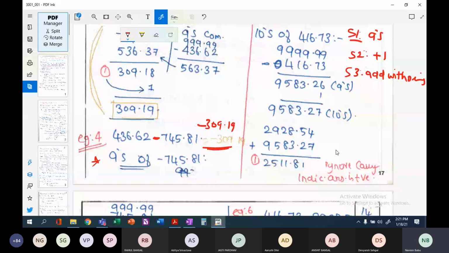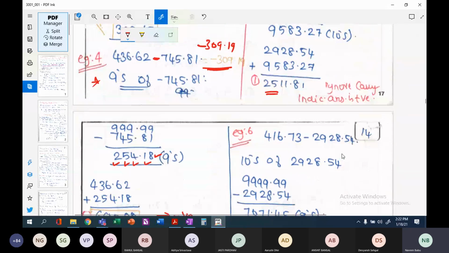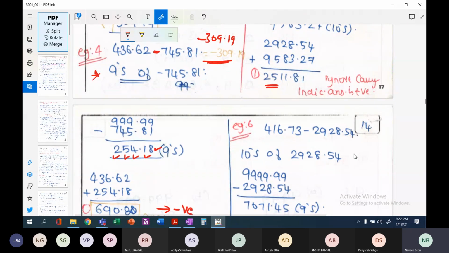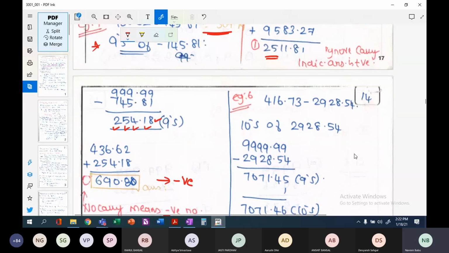Now let us take a larger number subtracted from a smaller number. So obviously you can see straightforward that the answer is going to be negative. Let us follow the same process. My first step will be to take nines complement.